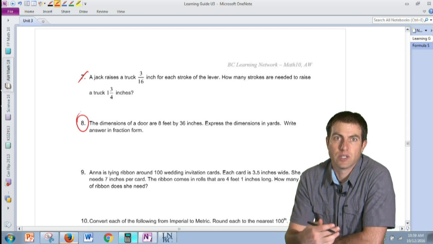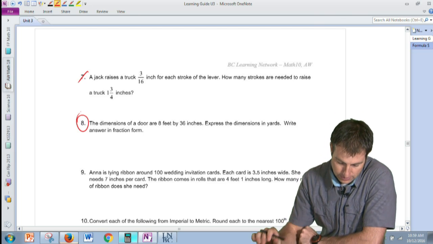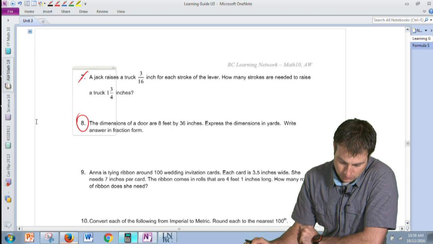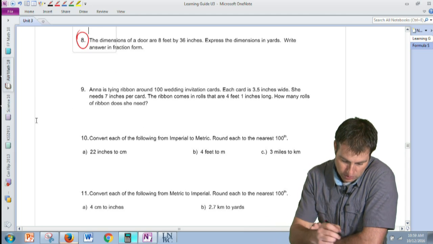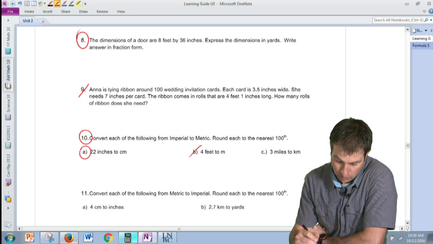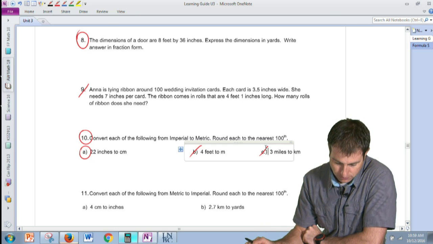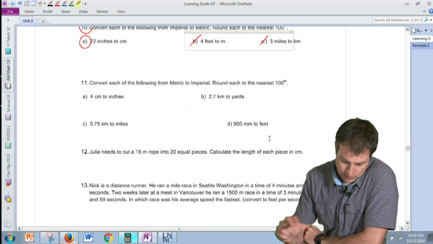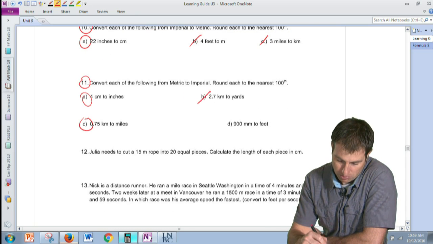So convert it first to yards, then multiply them, and you should be able to do that. Let's not worry about 9. Let's do 10A. Not worry about B or C. Let's do 11A and C. Let's not worry about B or D.